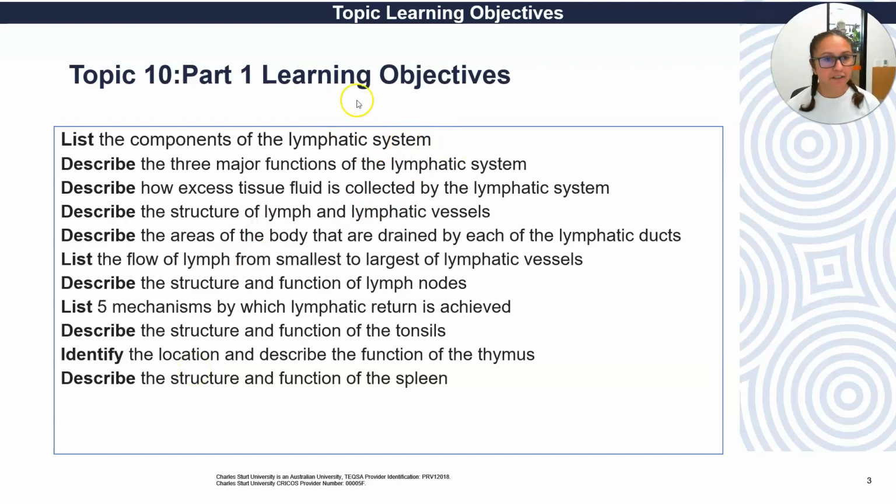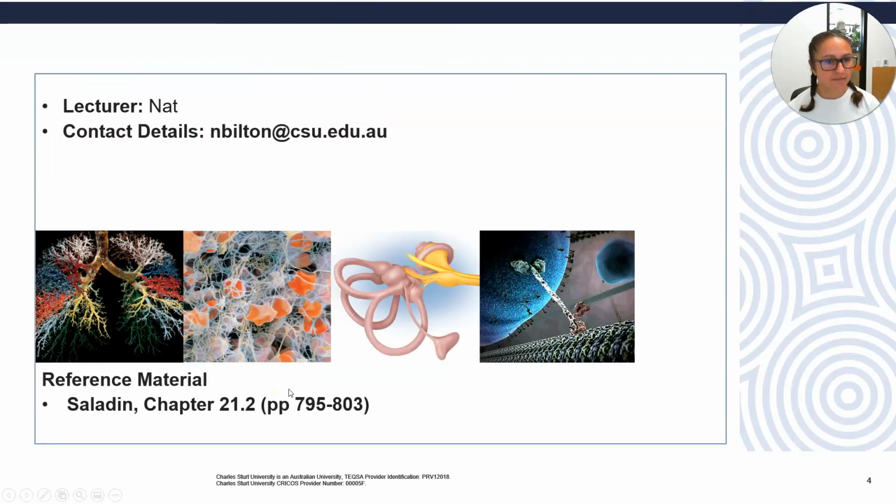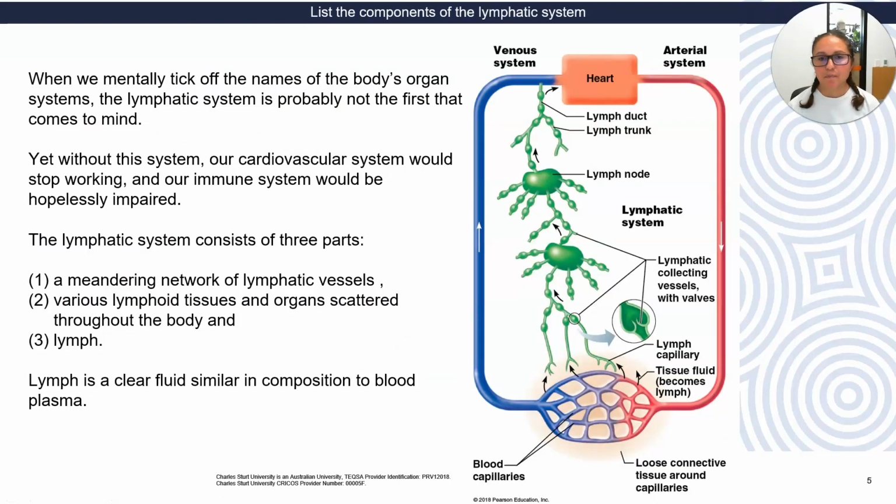So here are our learning objectives for this last topic of 165. I can't believe it. Okay, the lymphatic system. It is normally coloured in green in your textbooks.